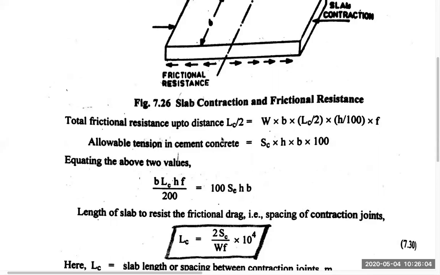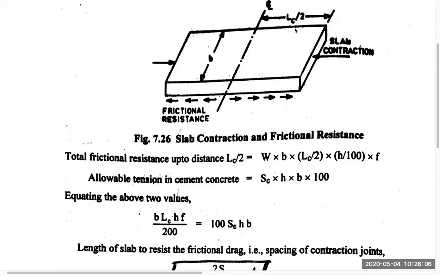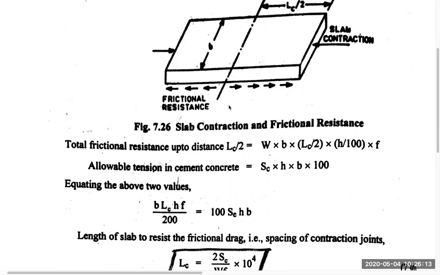Considering half portion of the slab panel, LC by 2, they have taken the total friction developed, the frictional resistance that will be developed, taking half the slab length LC by 2.